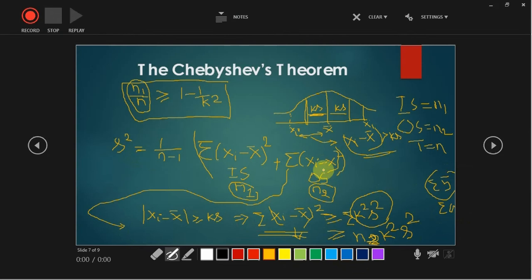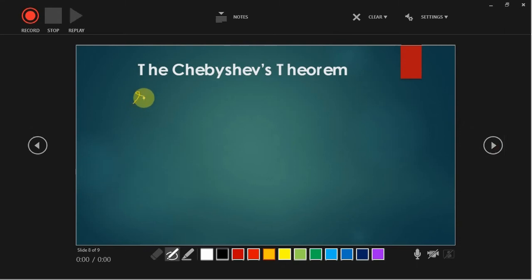So now we write it this way: s squared is greater than or equal to 1 upon n minus 1 times the expression for inside the range, which remains the same, the sum of xi minus x bar whole squared, plus n2 k squared s squared.